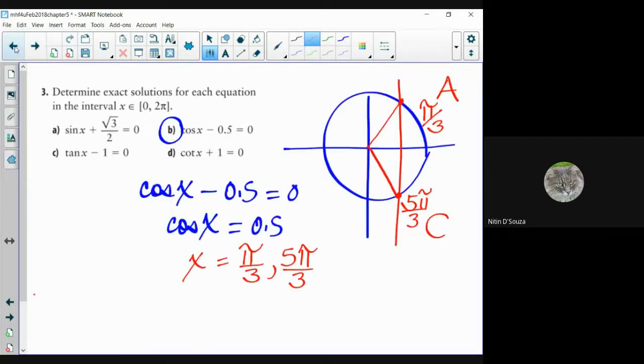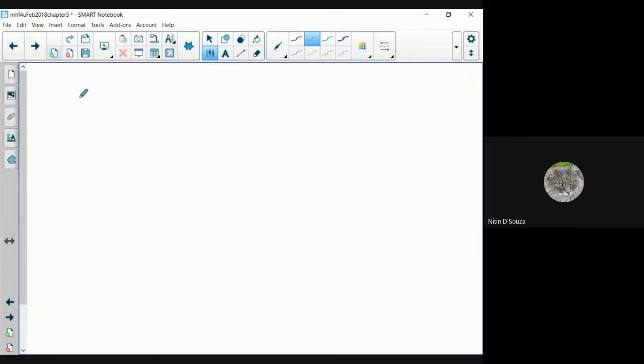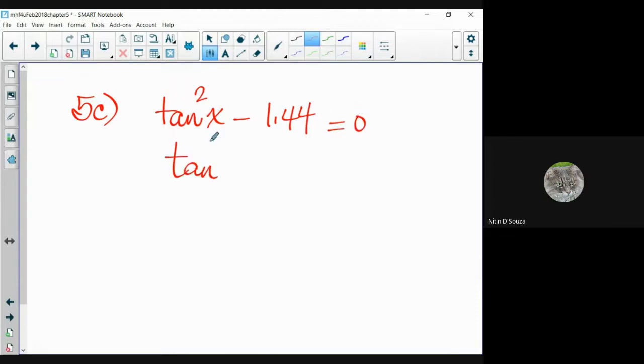I think I lost 5. Let's do 5C. 5C says tan squared x minus something, which means tan squared x is equal to 1.44.